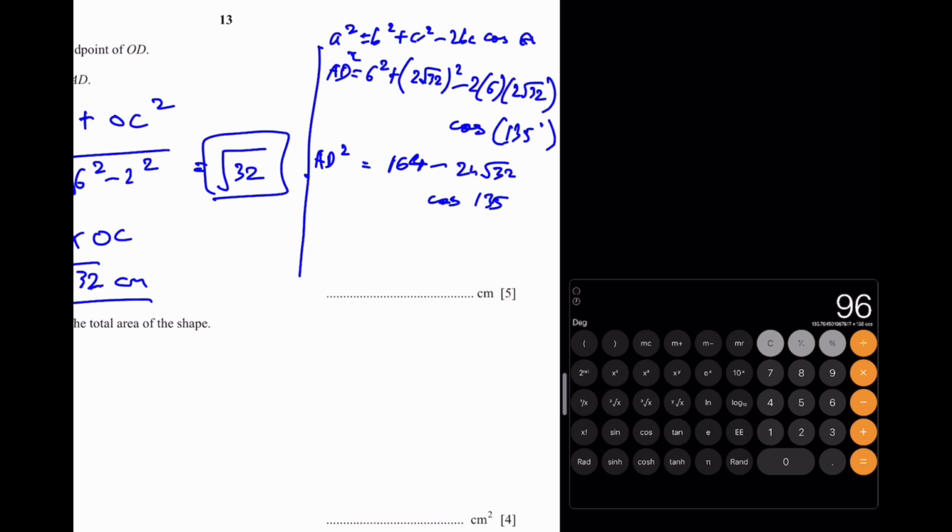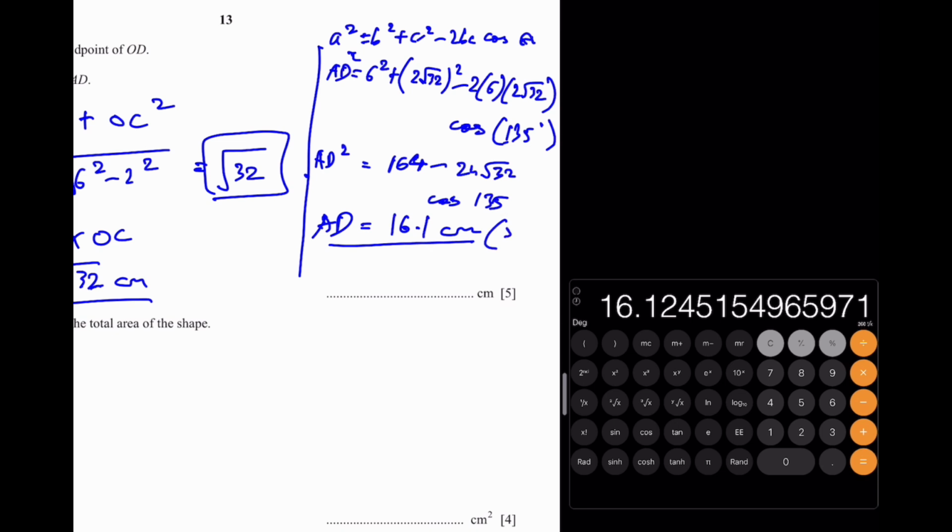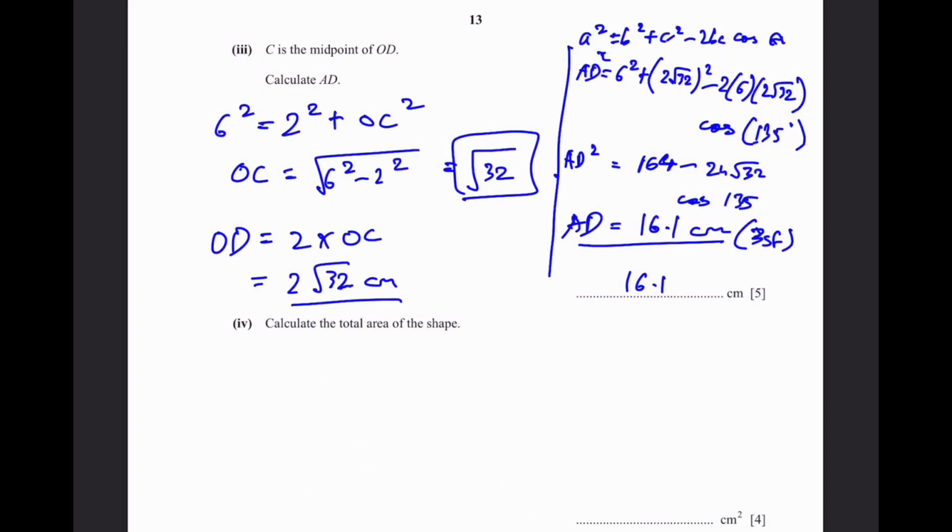So if we negate that, because there's a negative sign in front of this as well, and then plus 164, you'll get 260 as AD squared. So AD is just going to be the square root, which, as given on the calculator, is 16.1 centimeters to 3 significant figures once again. That's the answer.